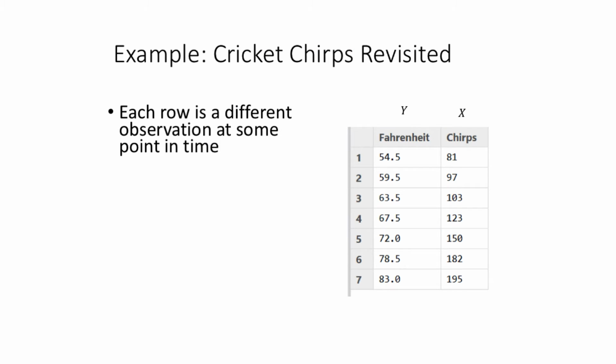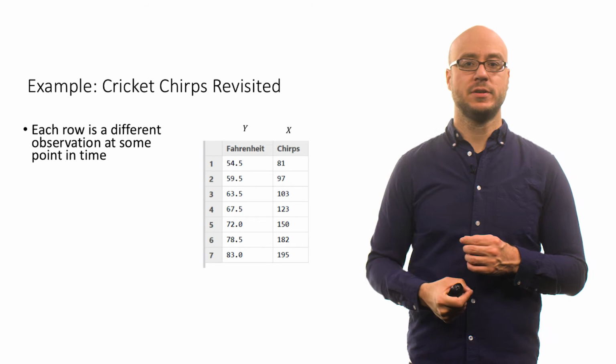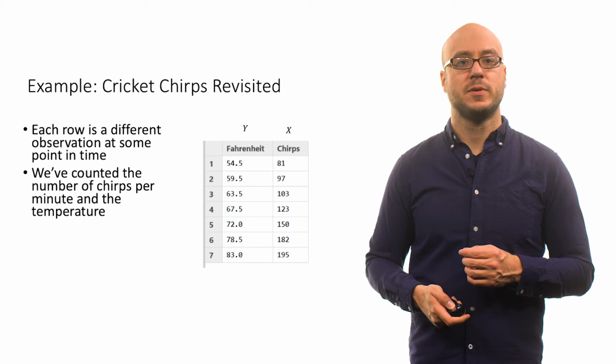All right, this is our cricket chirps data set. This is based on the insight, the claim from long ago, from the 19th century, that you can use cricket chirps per minute as a farmer's almanac type thermometer. The idea is that you can predict temperature in Fahrenheit or Celsius based on cricket chirps per minute.